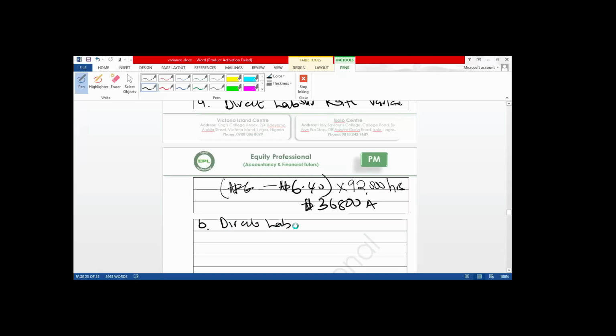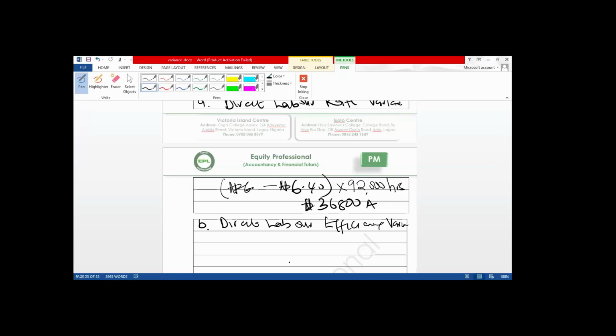Direct labor efficiency variance. Remember the formula? Actual minus standard labor hours for actual production.